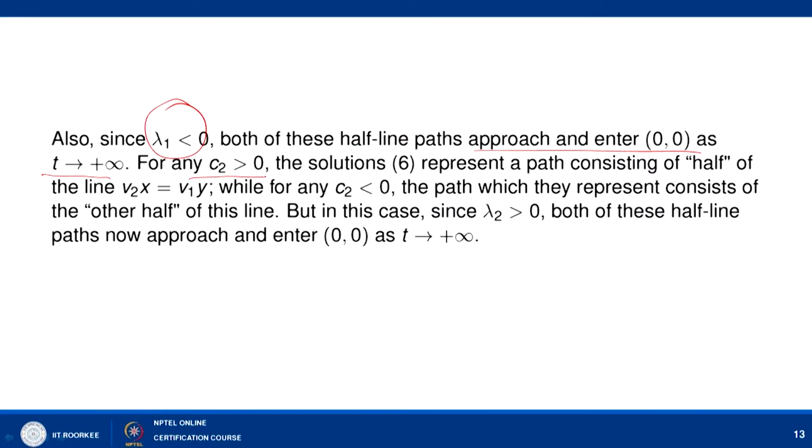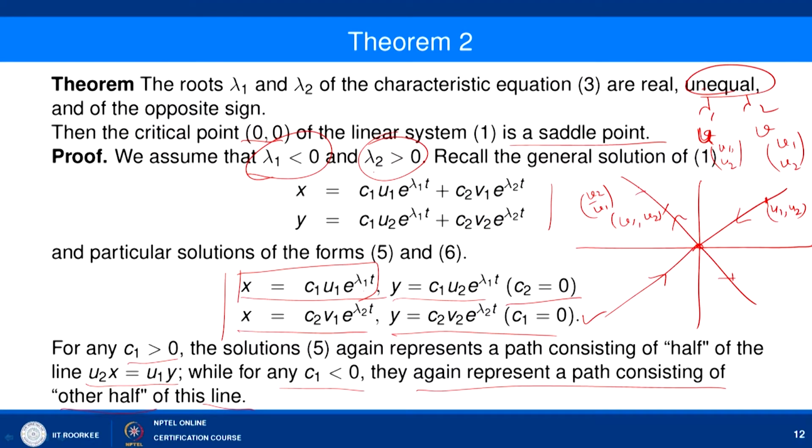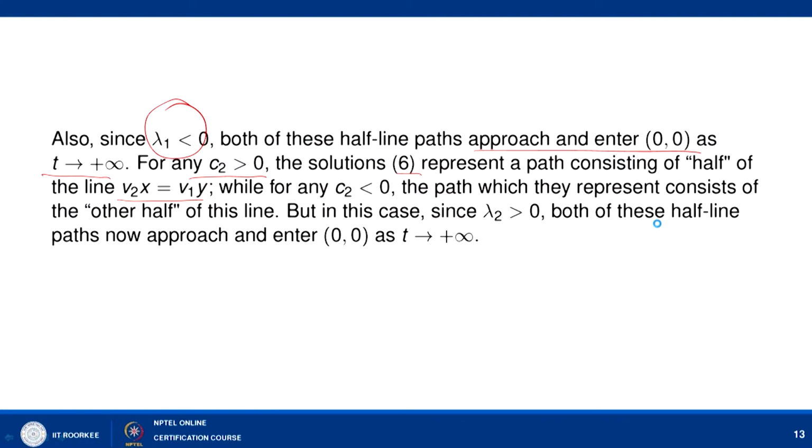Now for any C2 greater than 0, the solution 6 represents a path consisting of half of the line v2 x equal to v1 y, that is this line here, and for any C2 less than 0, the path which they represent consists of the other half of this line.